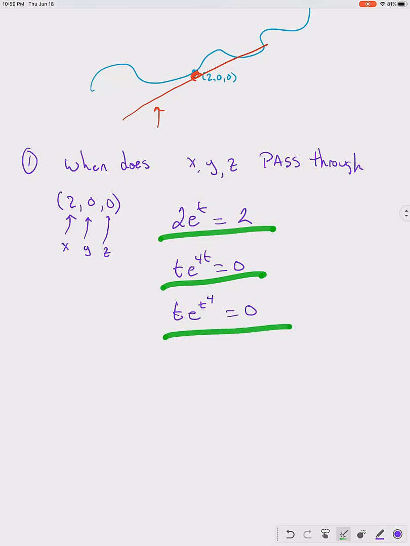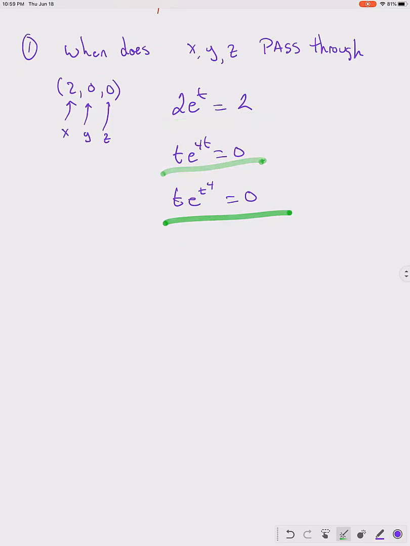X, y, and z. For the first one, the only time that can happen is when t is equal to 0. For the second one, it's when t is equal to 0, or when this part is equal to 0. But e to the 4t can never be equal to 0, so it has to be t that is equal to 0.